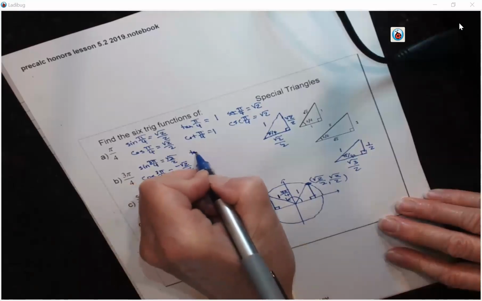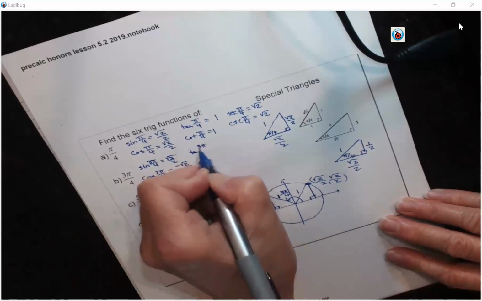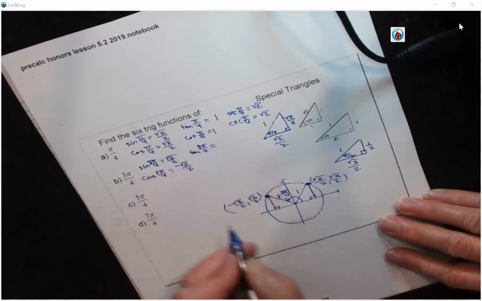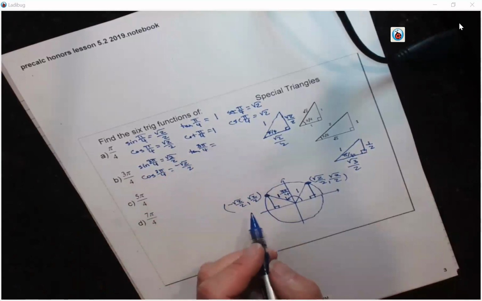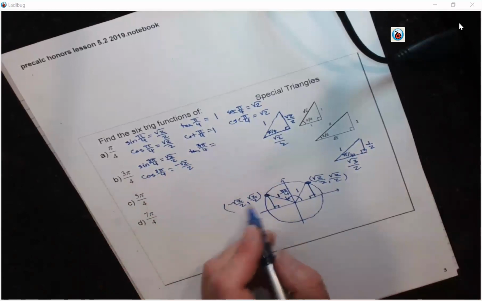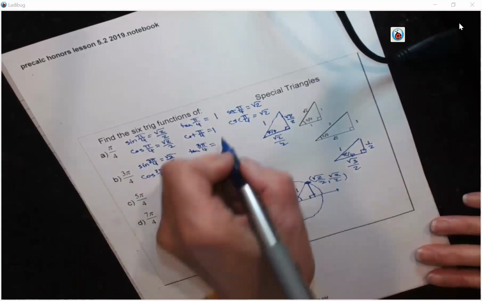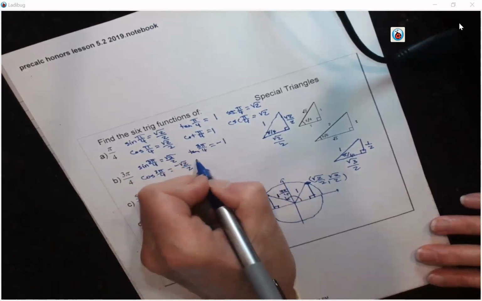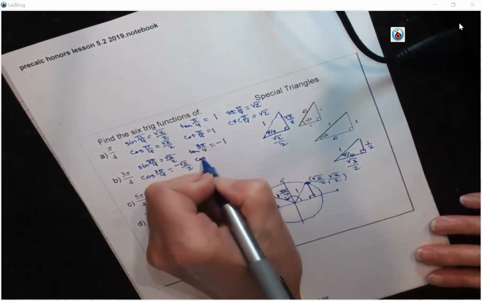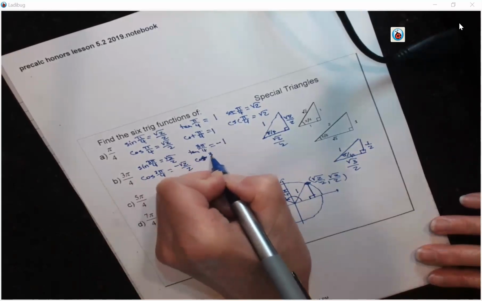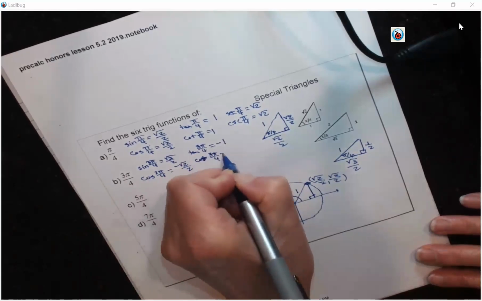The tangent of 3 pi over 4: the ratio of y over x is -1, because they both have the same absolute value, but one is positive and one is negative. So we get a -1 there. The same with the cotangent of 3 pi over 4, we also get a -1.